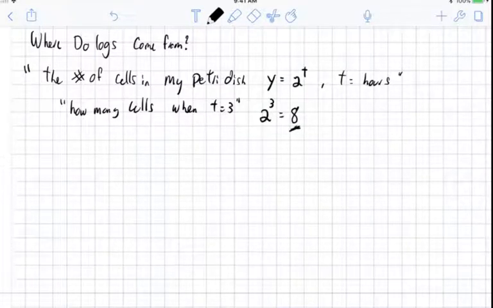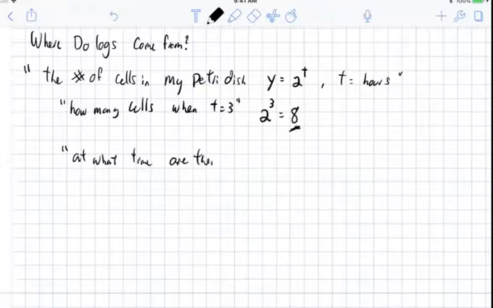On the other hand, there is a class of questions that uses this model in a slightly different way. And it might ask, at what time are there 16 cells?